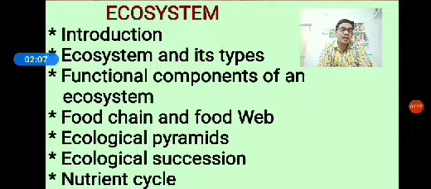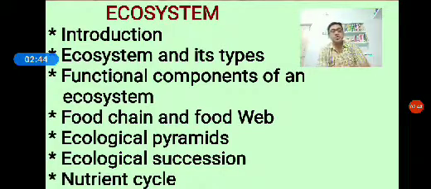We are going to study what is meant by ecosystem, what the types of ecosystem are, what the functional components of ecosystem are, then the structure of an example ecosystem, then food chain, food web, ecological pyramids, ecological succession, and finally nutrient cycle. These are the contents of the chapter called ecosystem.